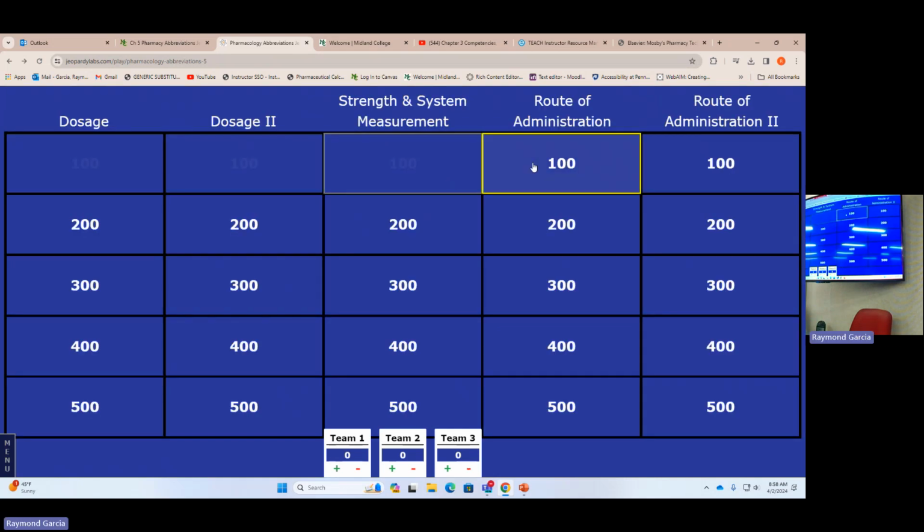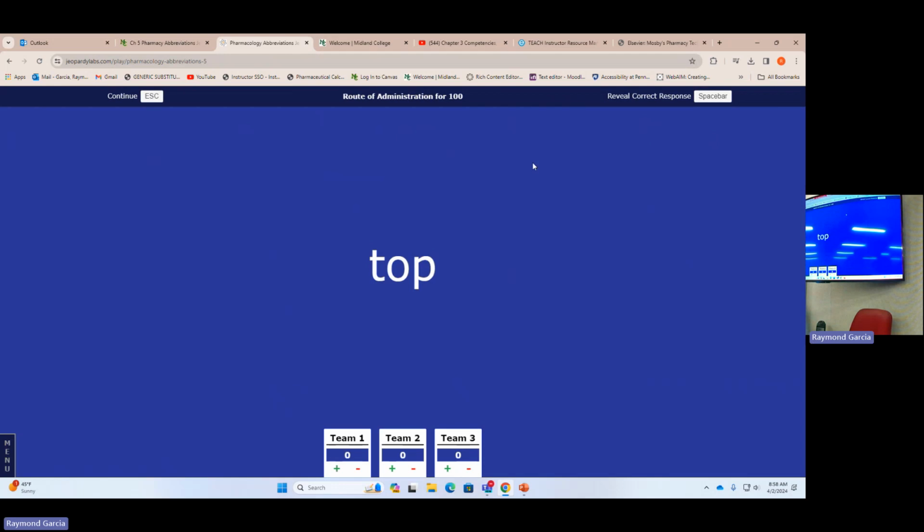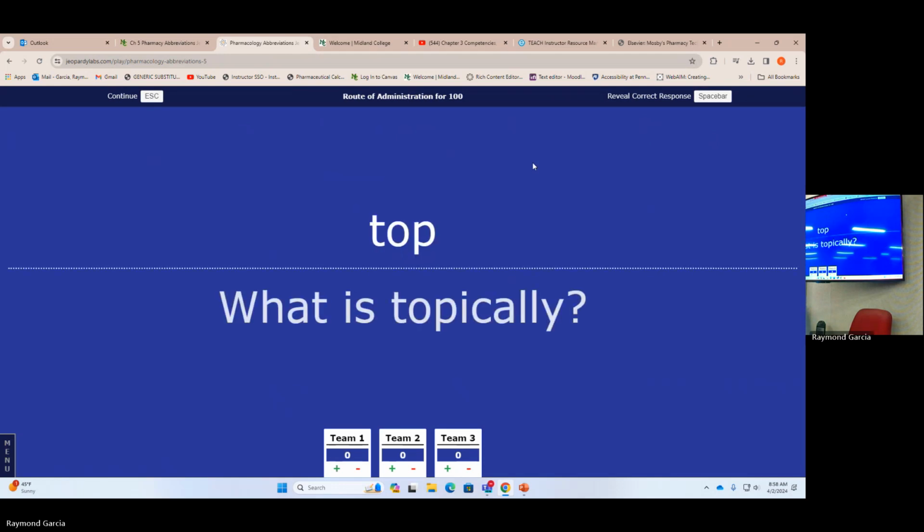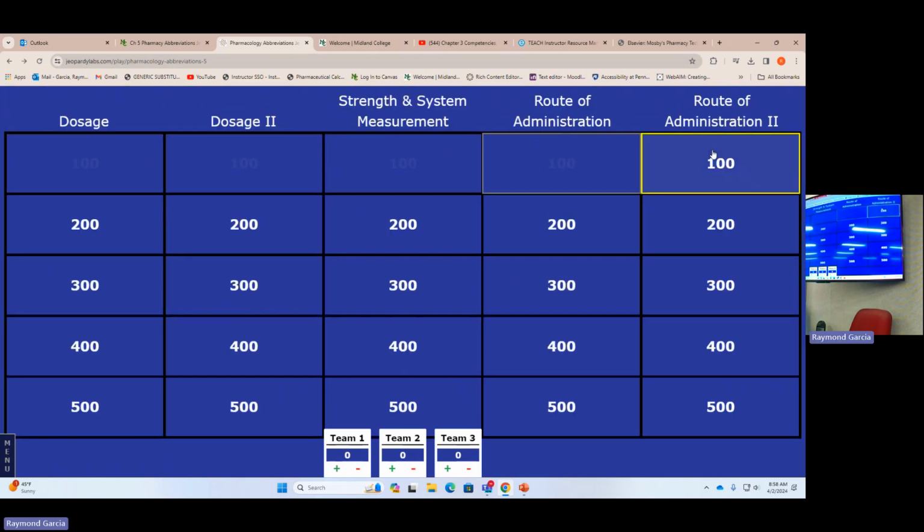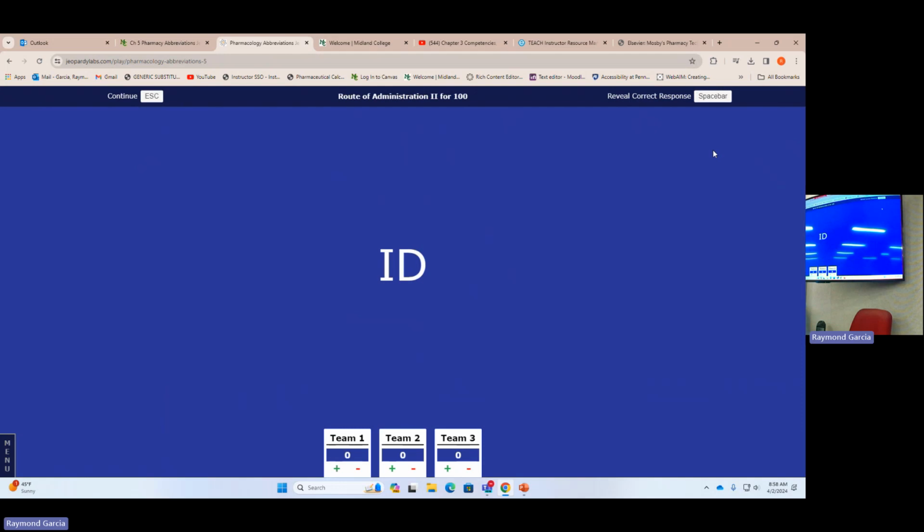Route of administration, TOP: topically or topical. Another route of administration, ID. Intro something.